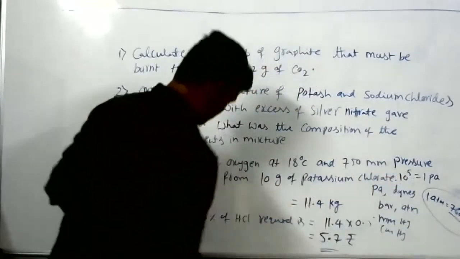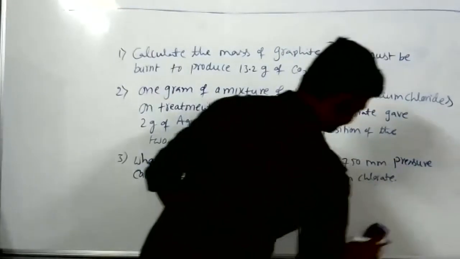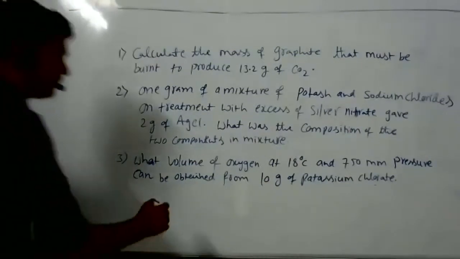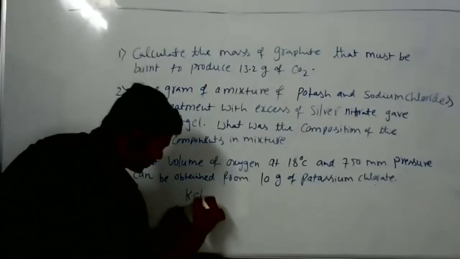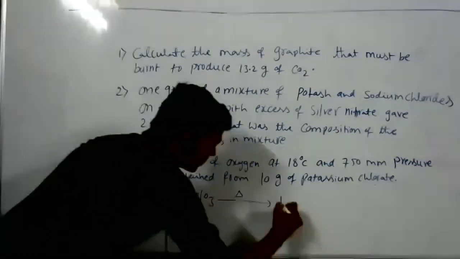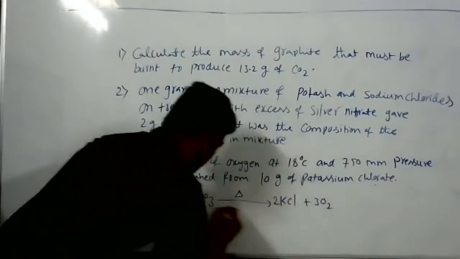See, I'll give you the equation. KClO3, potassium chlorate, decomposes to give KCl plus O2: 2KClO3 gives 2KCl plus 3O2.